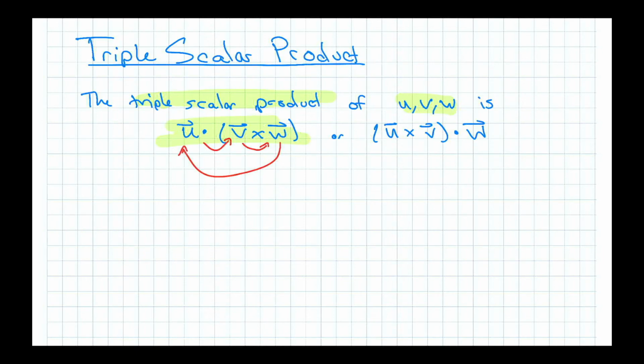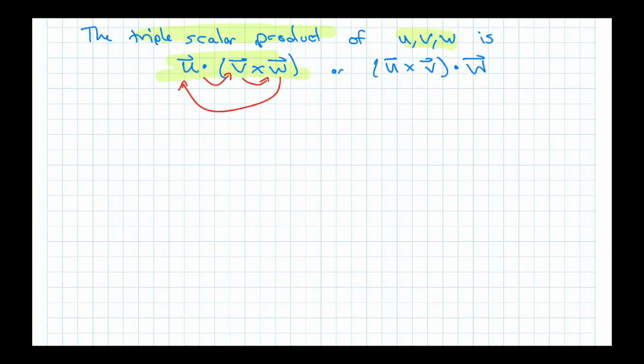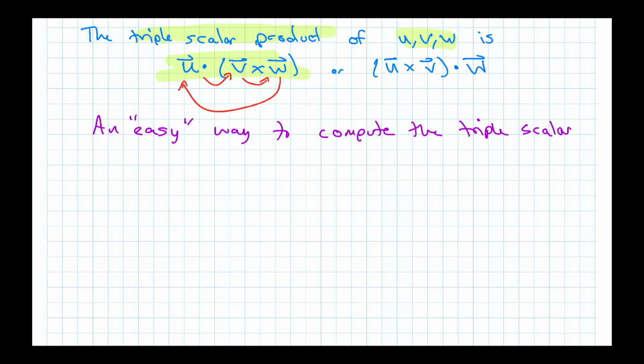And the shortcut is this. So the easy way, in quotes, to compute the triple scalar product is with another determinant.